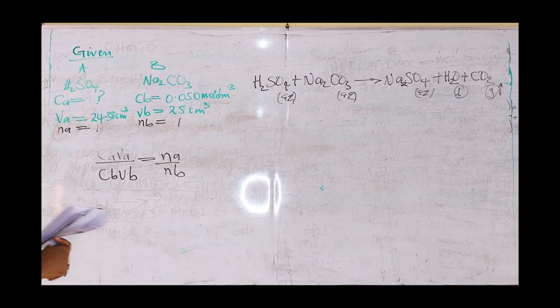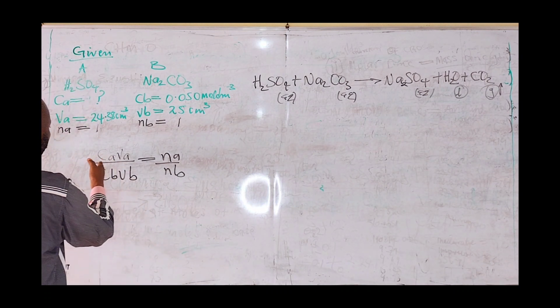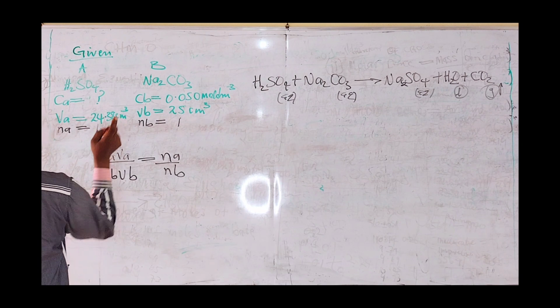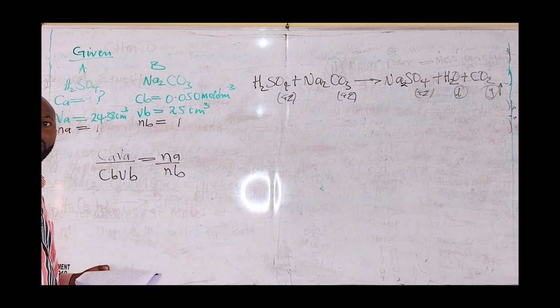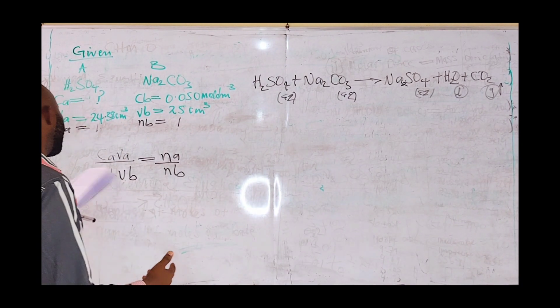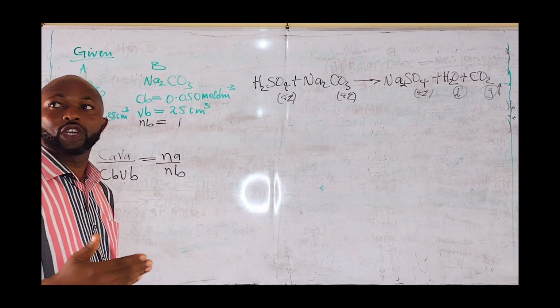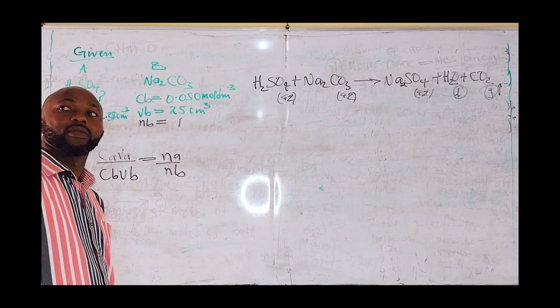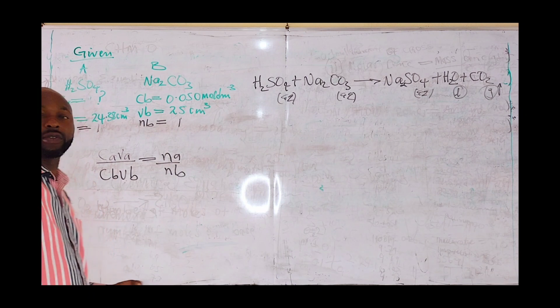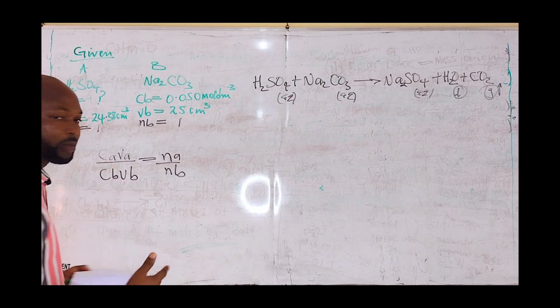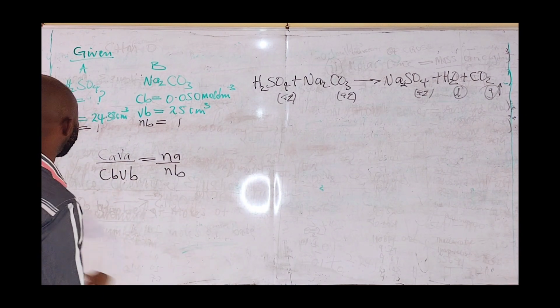But I'm looking for the concentration of the acid, which is not known. That is what I'm looking for. So what do I do? I make my CA the subject of the formula.